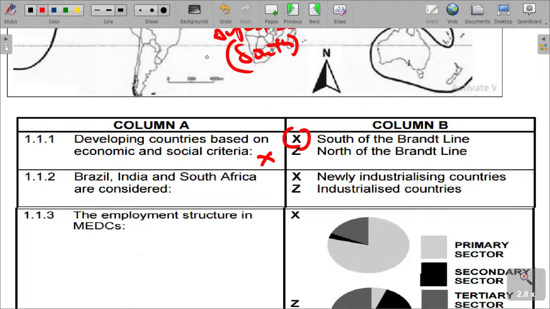Remember, we were saying this classification enables countries to be categorized based on the level of achievement. Brazil, India, South Africa are newly industrializing. They are actually becoming better developed. So the answer is X, newly industrializing countries.